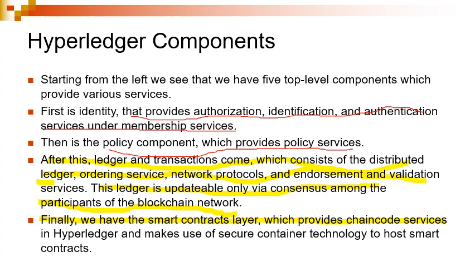Chain code services are nothing but the smart contract service in Hyperledger, and they make use of secure container technology to host the smart contract. We will see in detail in coming sessions what the components of this blockchain are: what is chain code, what is a channel, what is a membership service provider, what is a certificate authority, and what is a peer. Peer means nodes in Hyperledger.